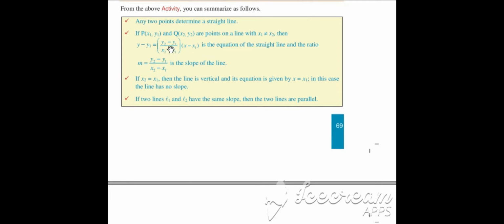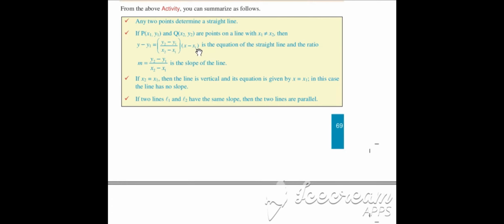This is the slope of the line that passes through points P and Q, times x minus x1. Then we can change it to the general form y is equal to the slope times x minus x1 plus y1, when we move this minus y1 to the right-hand side.